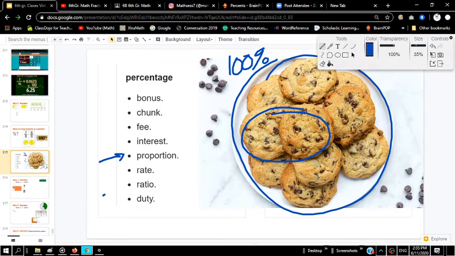Each one of those is like a ratio of the whole, the total, which is 100%. So basically what we're doing when we're trying to find percentages of a fraction is we're just taking the fraction in comparison to the whole, which is 100%, all right?